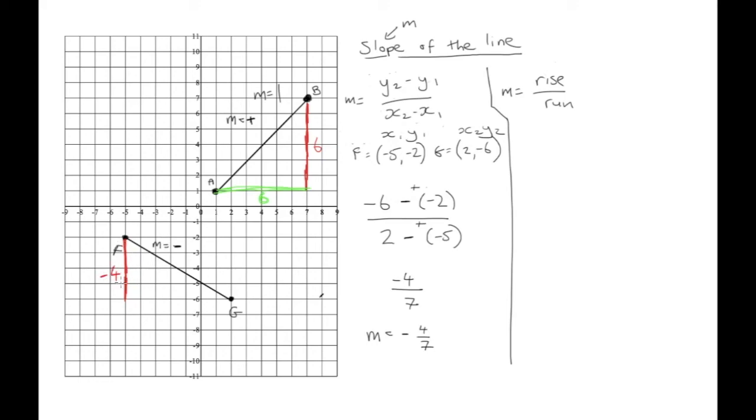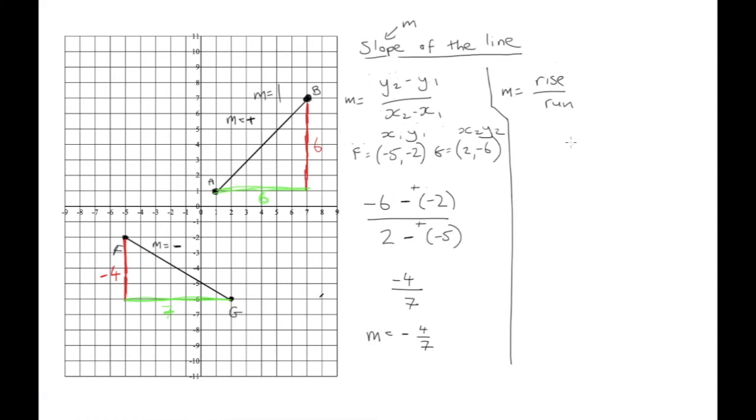So it's dropping down from F to G. It's dropping down minus 4. And then what's the run? The run is horizontal. And we are going from minus 5 up to 2. So the difference between minus 5 and 2 is 7.